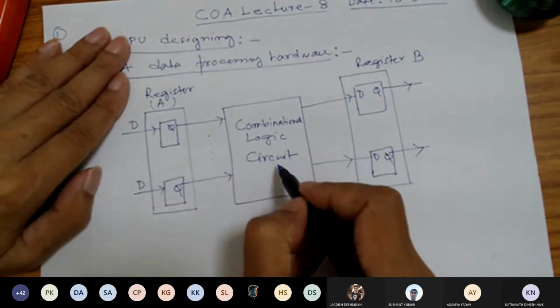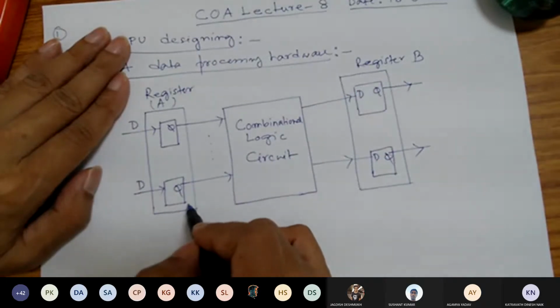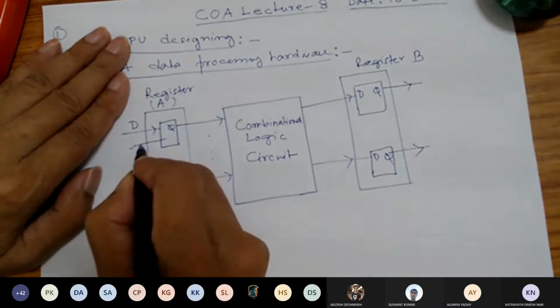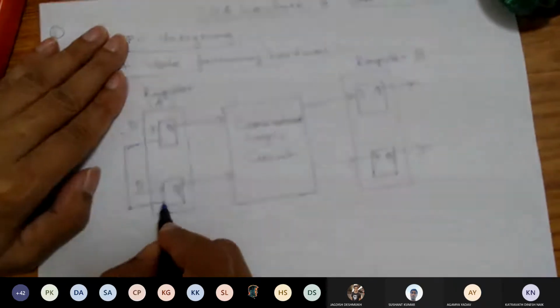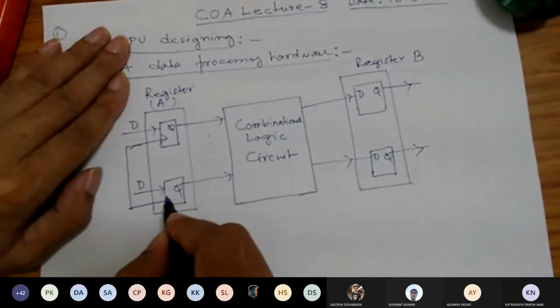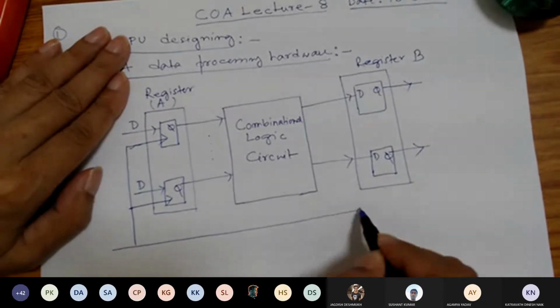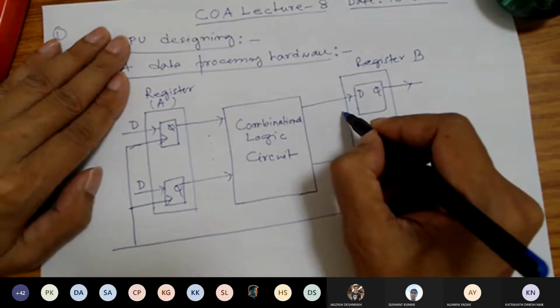This is a combinational circuit. These are sequential circuits. So what you need is basically the clock cycle. And this clock is a global clock which is given here also.